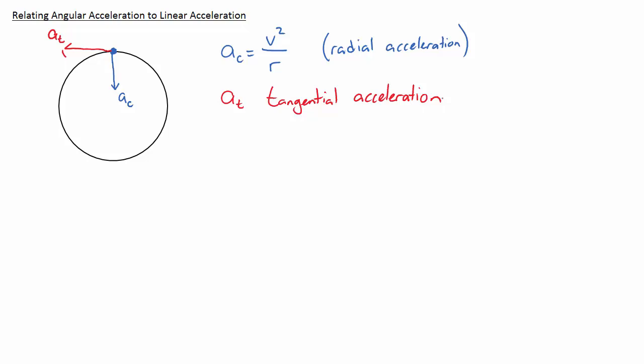That's because the rate of change of the object's angular velocity will remain zero. There is no change in the object's angular velocity, so there will be no angular acceleration.